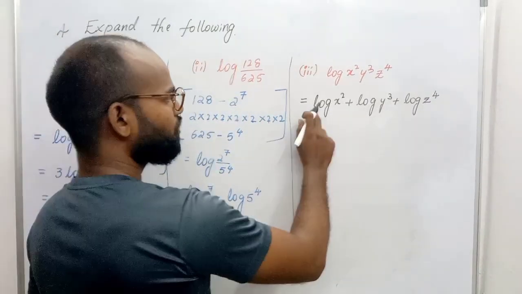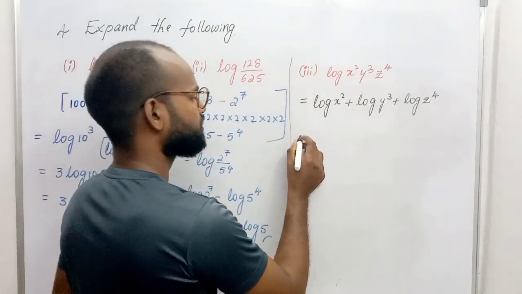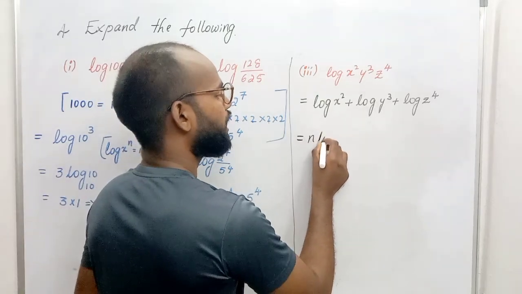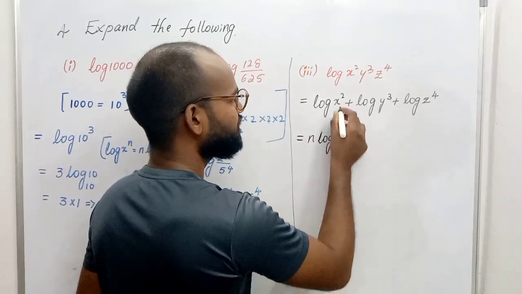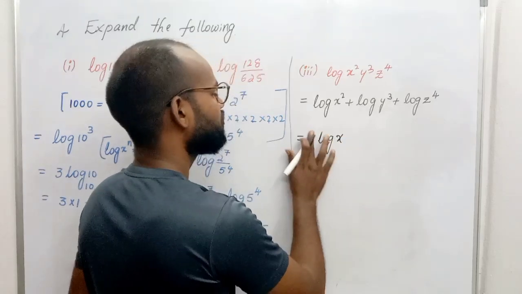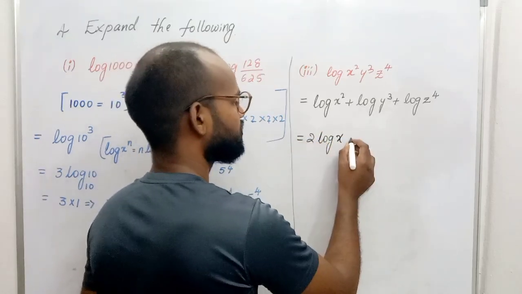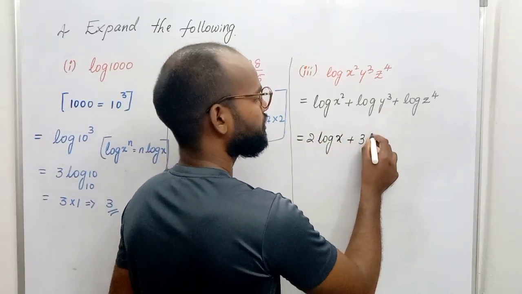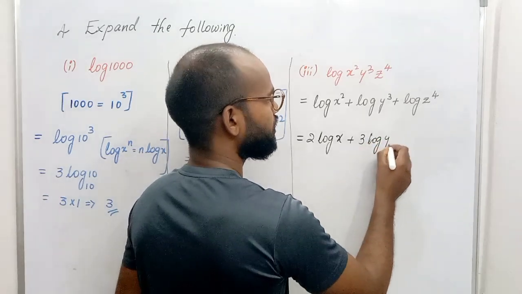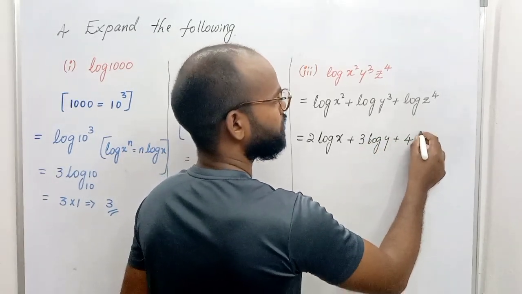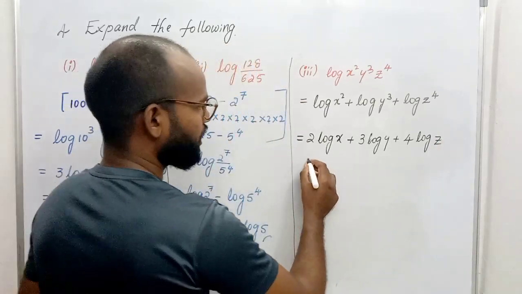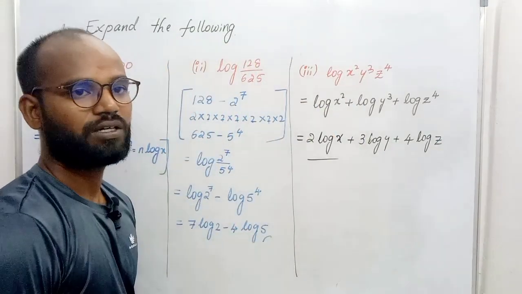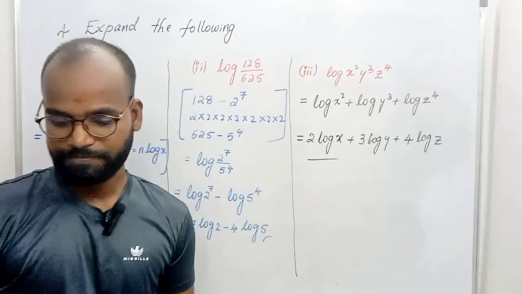It is in the form of log x power n, that is n log x. So here 2 log x, here 3 log y, here 4 log z. So this is your expanded form for the third one. Remaining also I will explain.